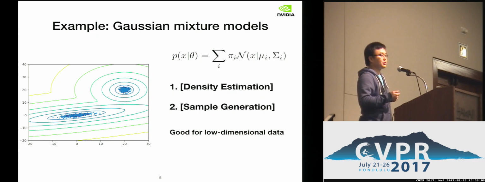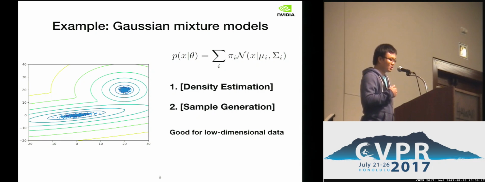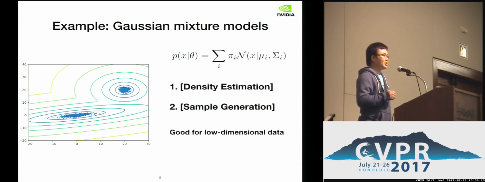When dealing with high-dimensional data, such as images, it has difficulty learning the distribution. In the high-dimensional space, things are far away, and most of the places are empty, so optimization could be a difficult problem.